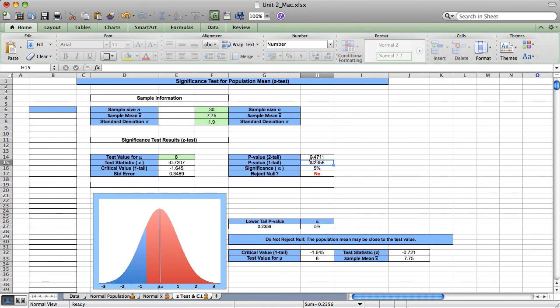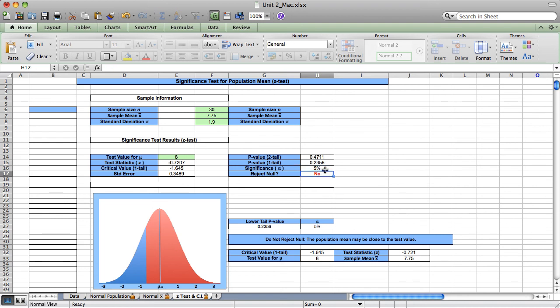So there's no way for us to distinguish between random sampling error and a significant result. Therefore, we have to conclude that the results of this test are inconclusive. In other words, the p-value is greater than 5%, so we do not reject the null.